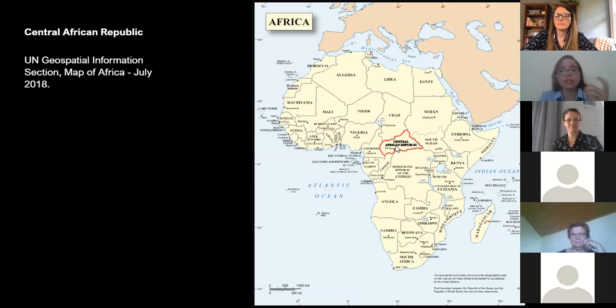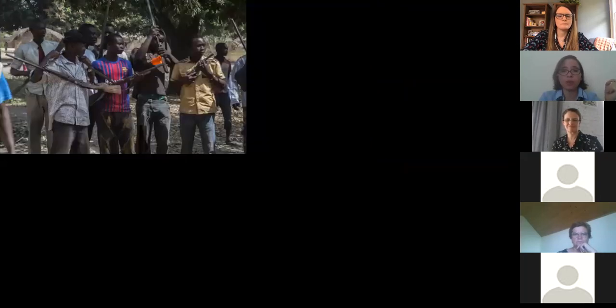In Central African Republic, there has been a civil war, an internal conflict that has been intensified since 2012, majorly between Muslim groups and Christian groups, though there are a lot of armed groups there. And the Security Council is a good example because it showcased the full range of tools that the Security Council has at its disposal.